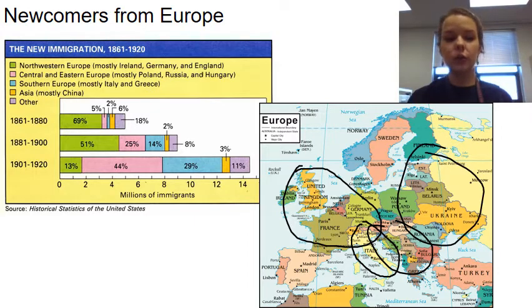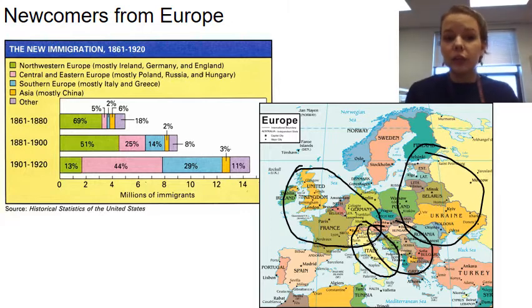So you're going to see that there are more immigrants coming from Italy. There's going to be more Greek immigrants. More people from Russia, Poland especially, and Hungary. Those are going to be increasing population. So there's a shift in immigration, and that's going to be seen in the backlash of the nativist ideas towards the immigrant population that's happening.